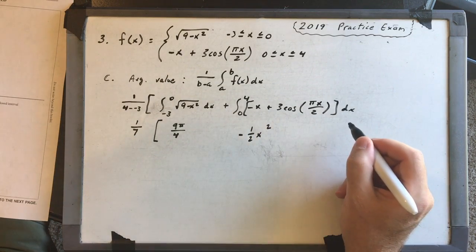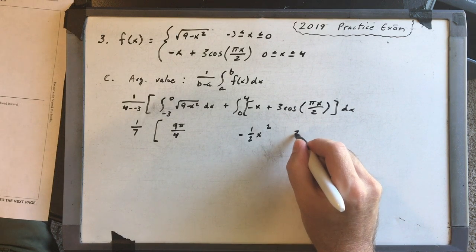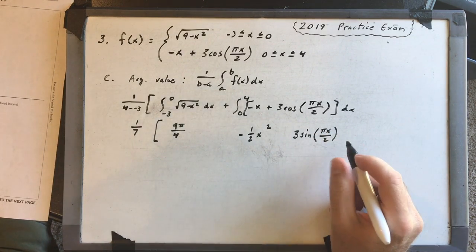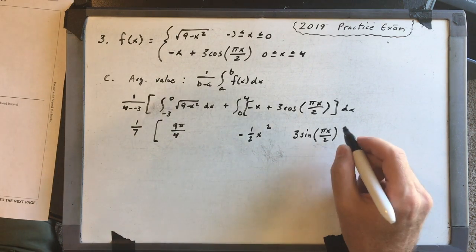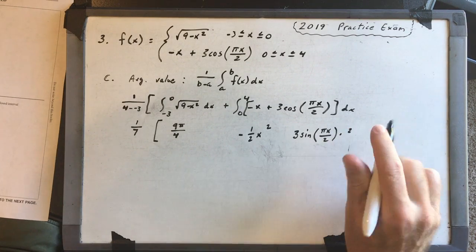The antiderivative of cosine is sine, right? So you'd have 3 sine pi x over 2, and then we're going to need a 2 over pi, so times 2 over pi.